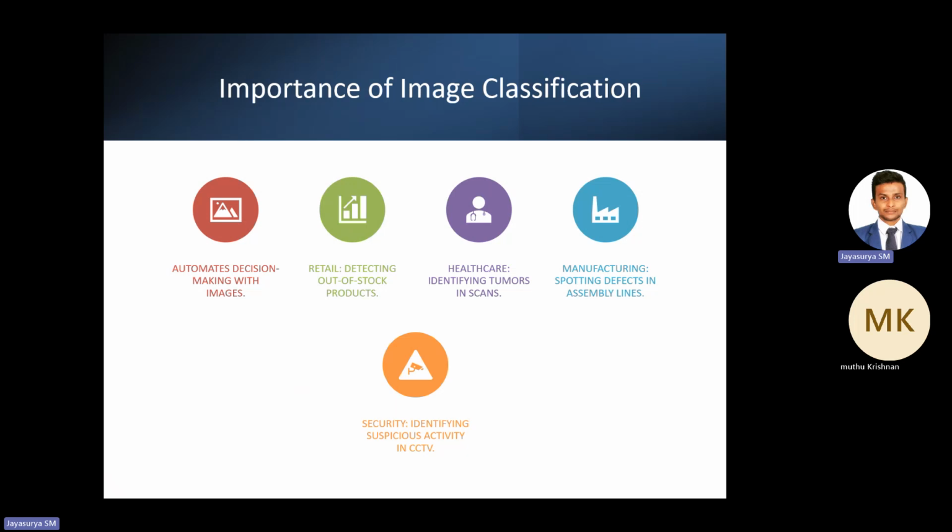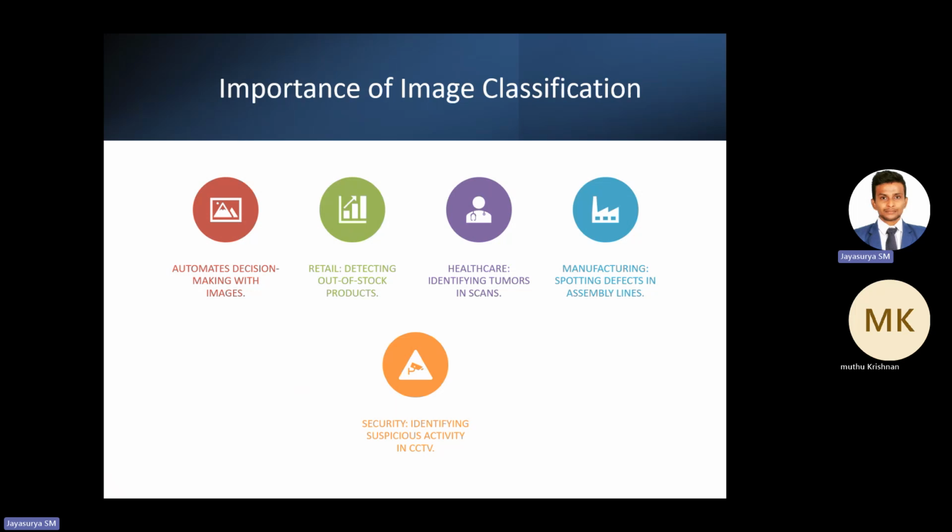And here are some of the reasons why computer vision matters. It automates decision making with images. If you upload images, it will automatically classify them and can make its own decisions on that.